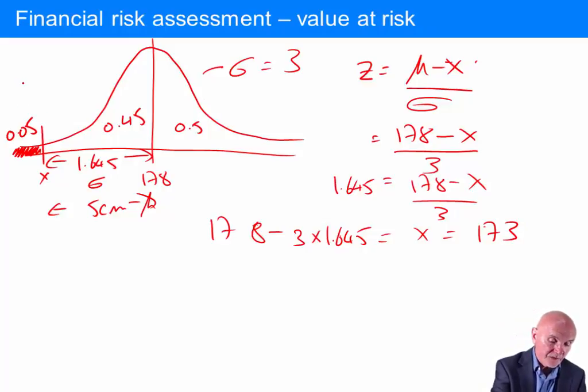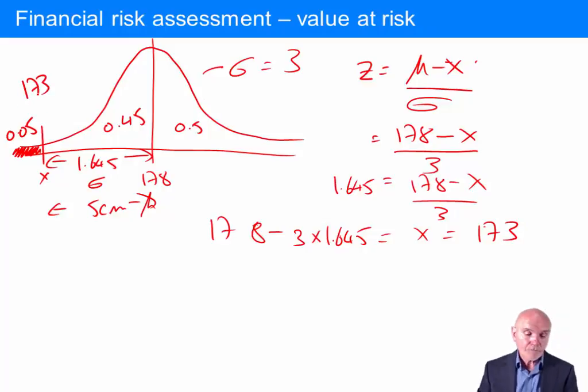What we've got in here is 173. Because the distance below the mean, 178 minus 173, that's 5, divided by 3. So you take your 5 divided by your 3, 1.66 or thereabouts. I've rounded a little bit, obviously. We effectively got the 5%, 95% cutoff.